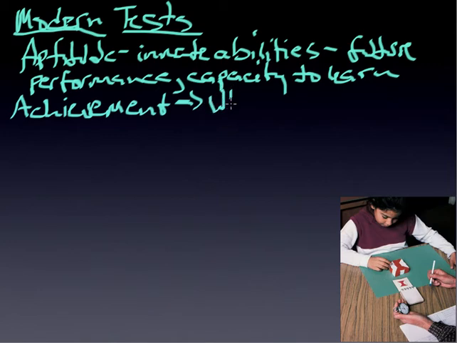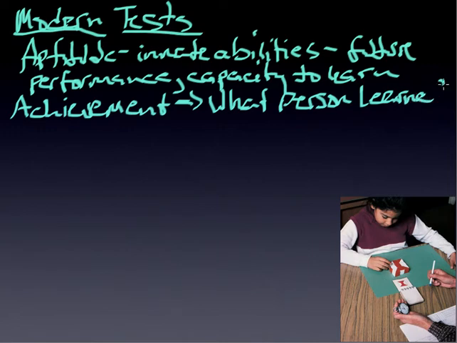So you can see immediately the difference here is that with aptitude tests we are trying to predict a little bit of what they will do in the future, also trying to grasp the capacity of their learning themselves.